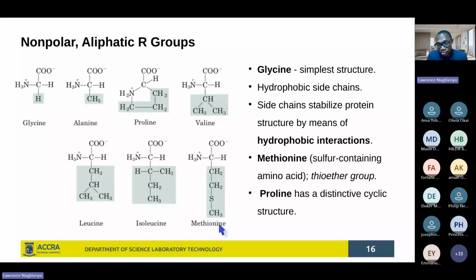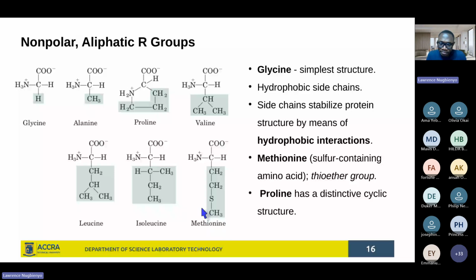And I think if you studied the synthesis of proteins in first year, or if not yet, you will come to realize later when you are doing protein synthesis, how protein is synthesized from nucleic acid, that at the beginning, the first amino acid that starts the process is methionine. So this is methionine.